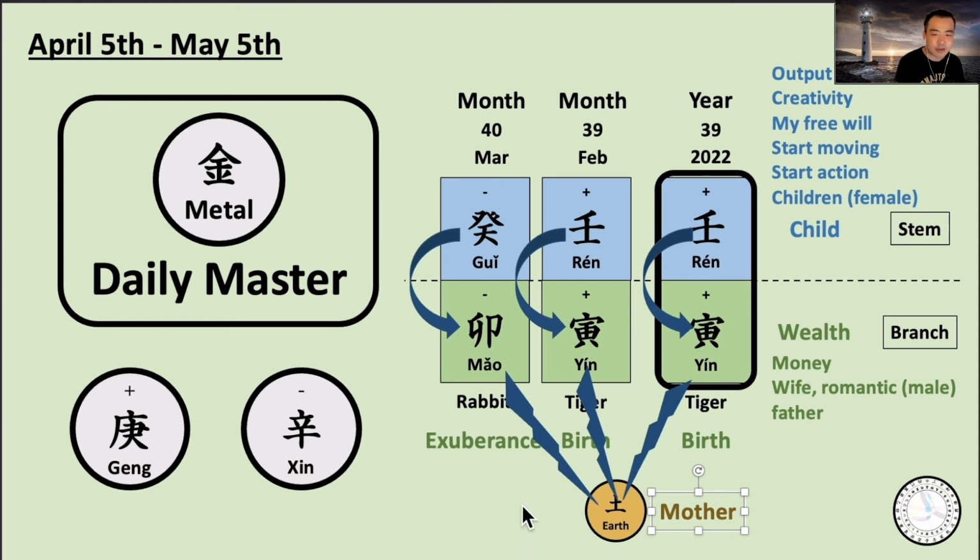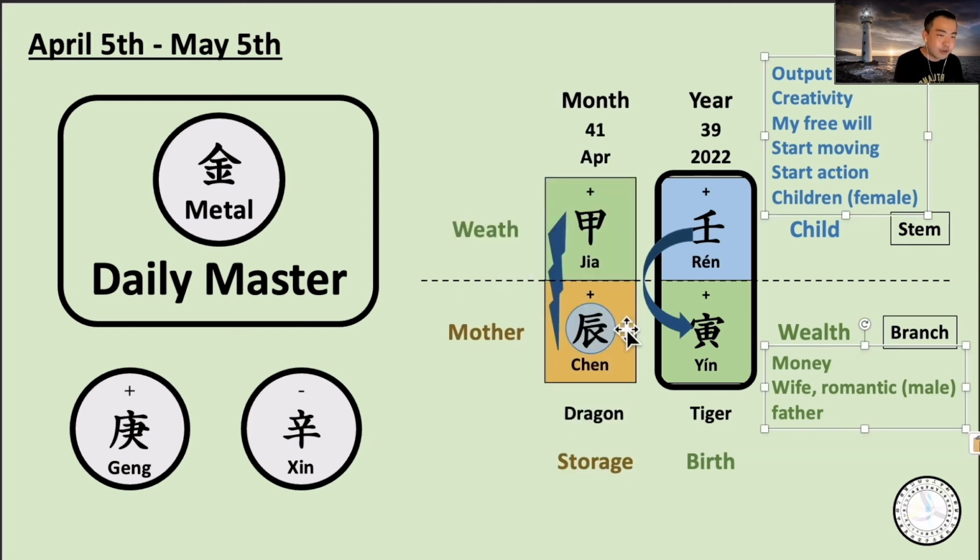So the metal daily master might not be able to listen to their boss, their mom, their teacher, and just wants to do something that I want to do. Now their boss or their teacher or mother is really controlled by this wood in this month. And then sometimes this tries to support the wood. This mother spirit is trying to support what the metal daily master wants to do, because these are making a seasonal combination and becoming wood.